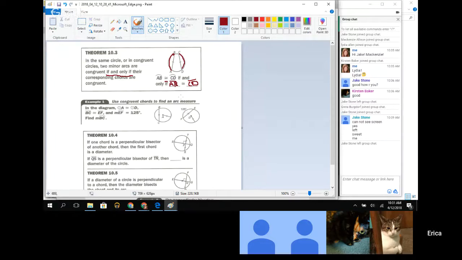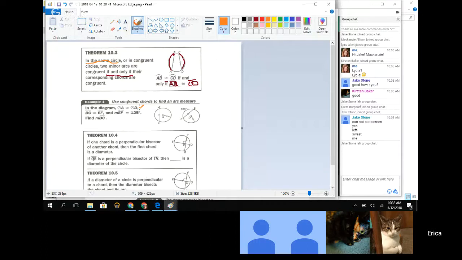Well, we just have this theorem that says that two minor arcs are congruent if and only if their corresponding chords are congruent, and it has to be in the same circle. So do we meet all of our criteria here? We're in congruent circles, right?